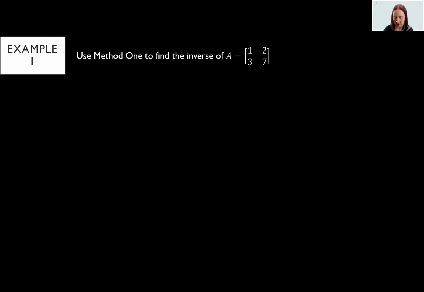So for this first example, I'm going to show you method 1 to find the inverse. This is a 2 by 2 matrix. So we've got 1, 2, 3, and 7.